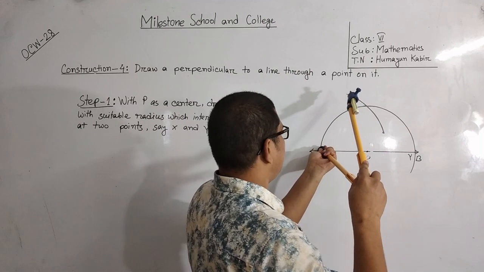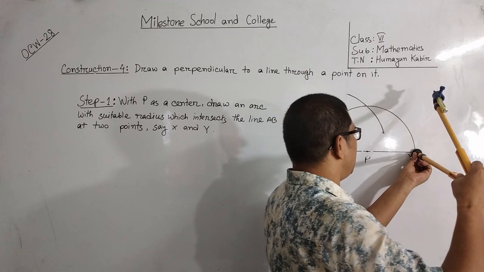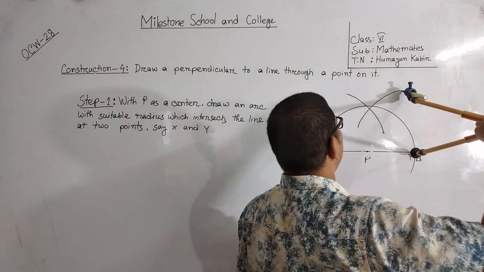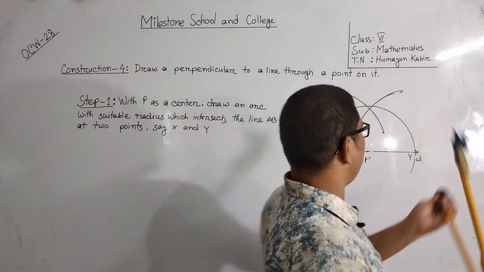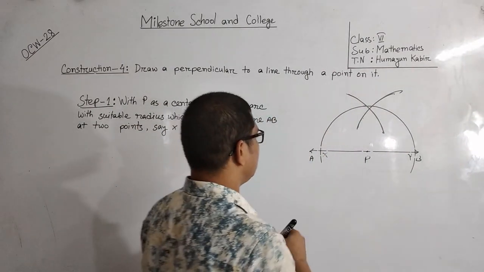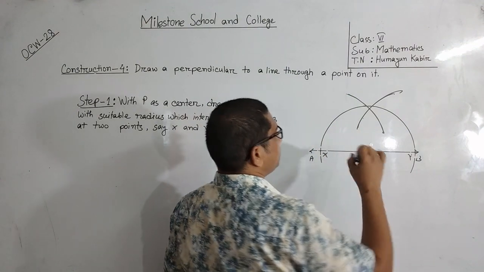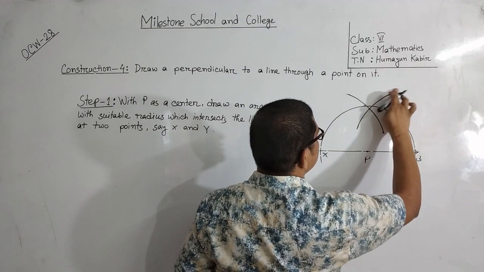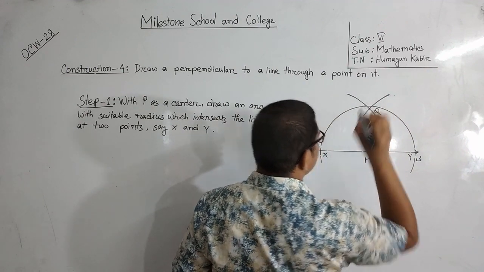Okay, then taking the same radius, Y as a center, we will draw another arc. These two arcs cut each other here. Look at here, in this point. So we can say here this point is Q.